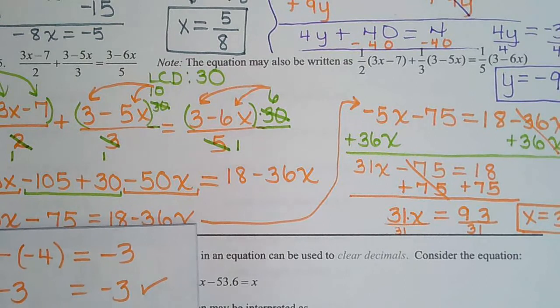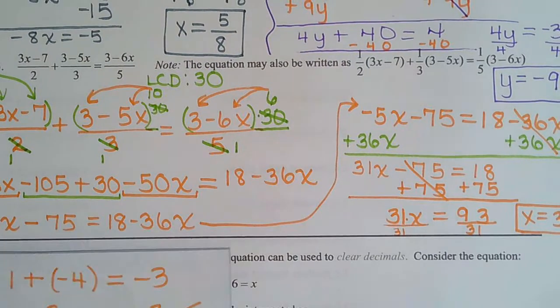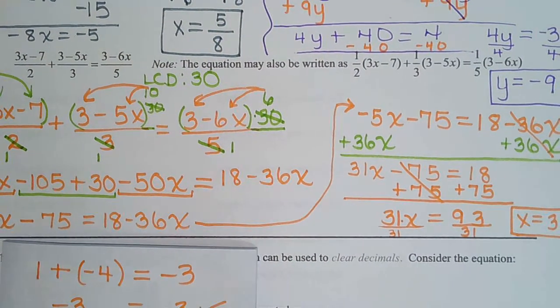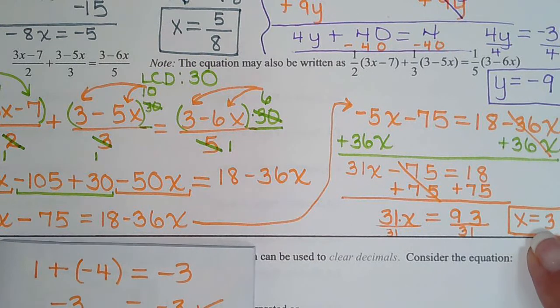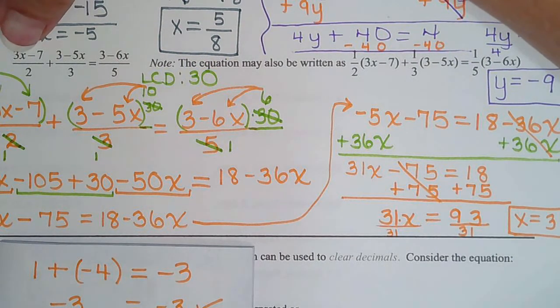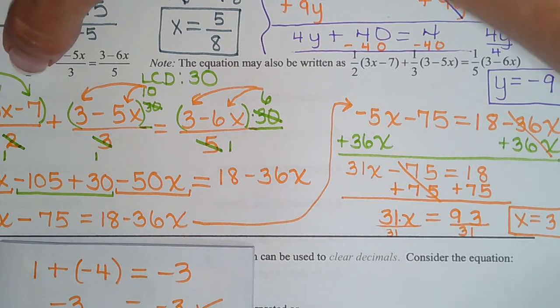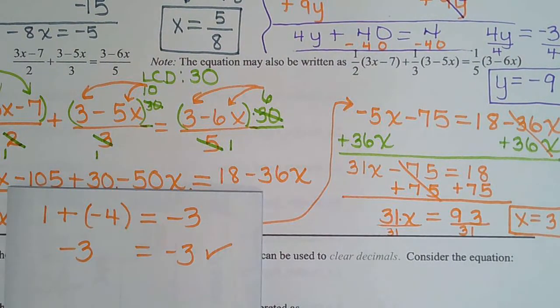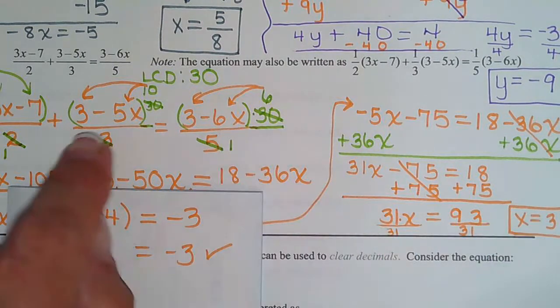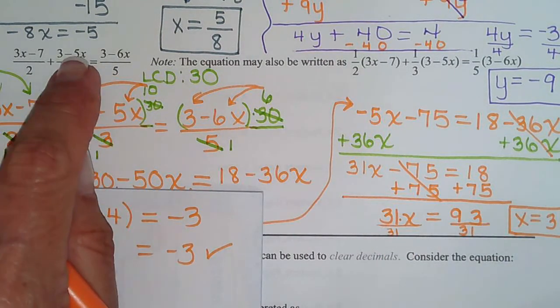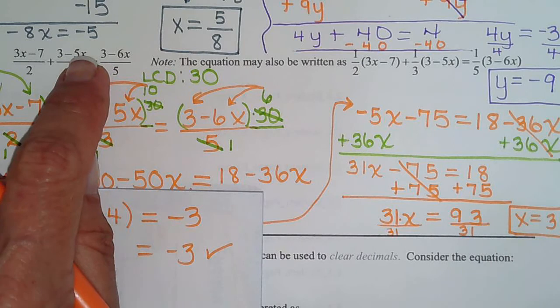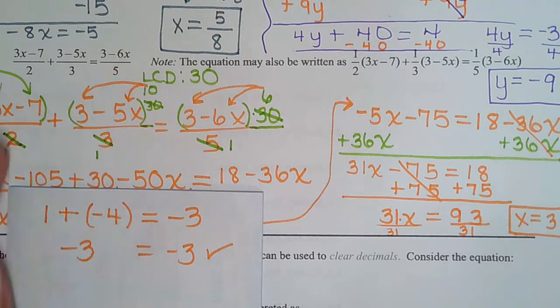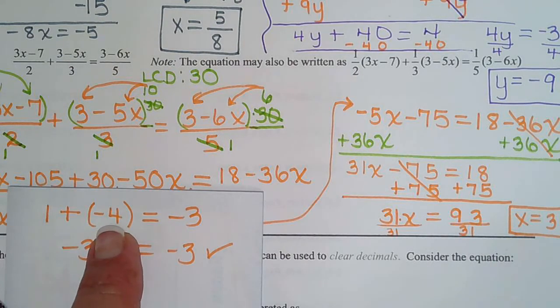All I did was take my 3 that we found here and plugged it in and did it in my head. 9 minus 7, 2 divided by 2 is 1. And then I took the 3 that we found, plugged it in here. 3 minus 15 is negative 12 divided by 3, negative 4.